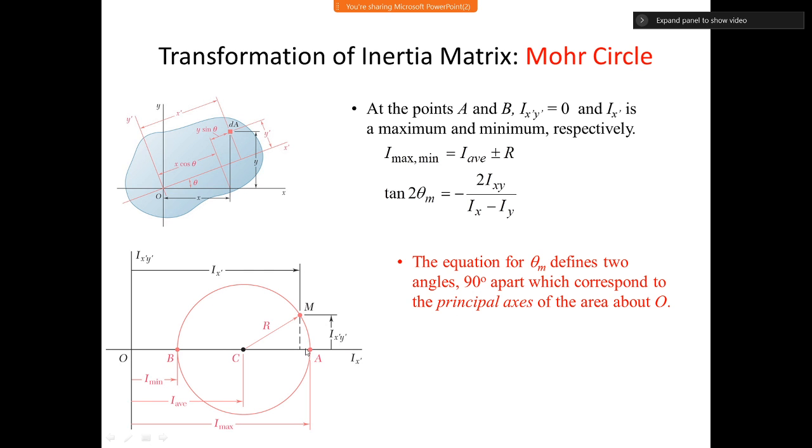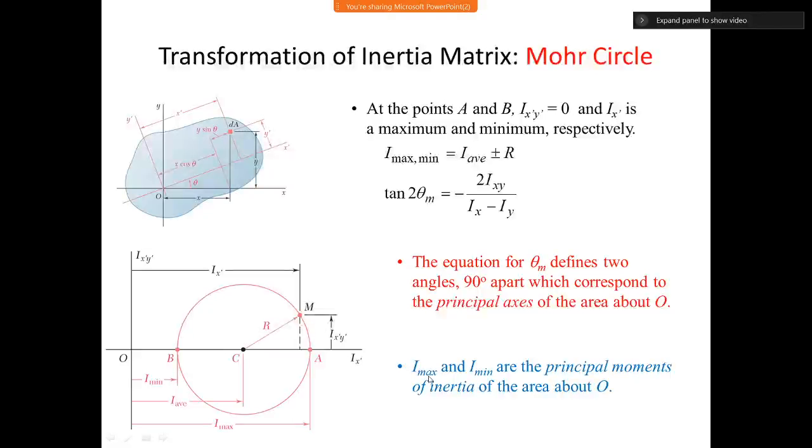They correspond to the principal axis of the area about O. So the configuration of points A and B on the Mohr circle, or the new axes x'y', correspond to the principal axis. So what is so special about the principal axis? At the principal axis your moments of inertia are maximum and minimum.